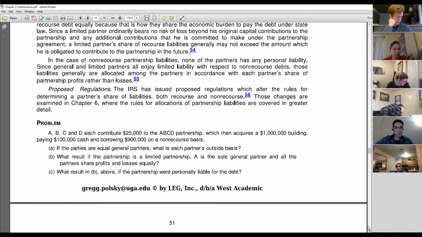So we have here A, B, C, and D each contribute $25,000 to the partnership. Each gets back a 1/4 interest in the partnership. The partnership then borrows another $900,000 on a non-recourse basis to buy a $1 million building, using $900,000 of non-recourse debt and $100,000 of the cash.